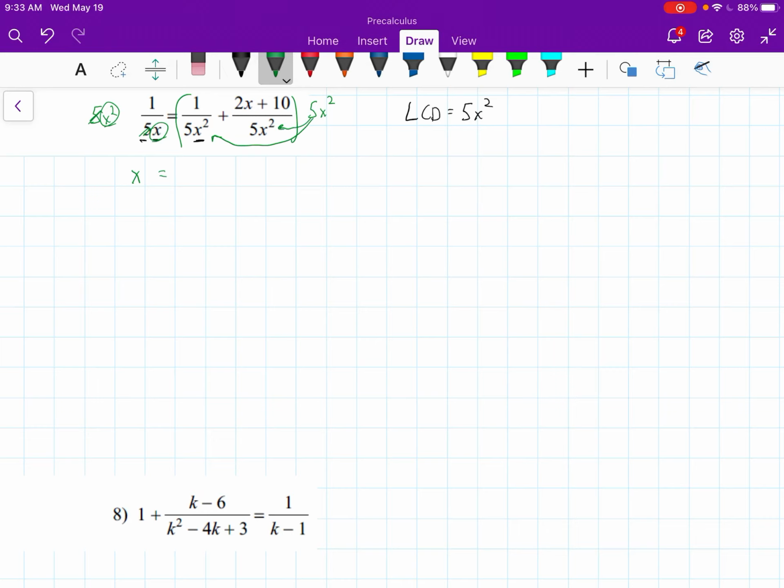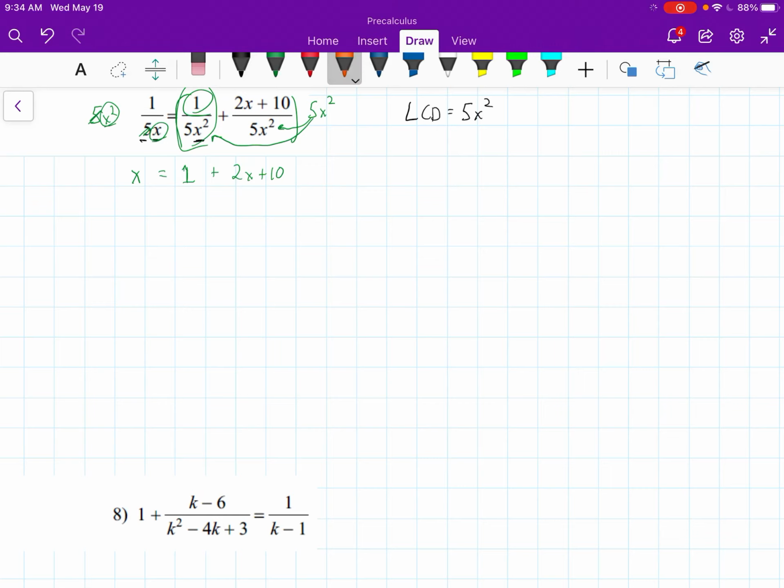So when you multiply times this first one, the 5x squared cancels completely, and you're just left with 1, because we have a 1 here. And then on the next term, the 5x squared cancels completely, and you are left with 2x plus 10. And then we just have to finish off by solving this equation.